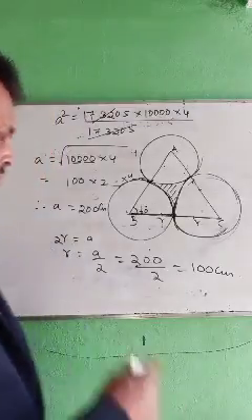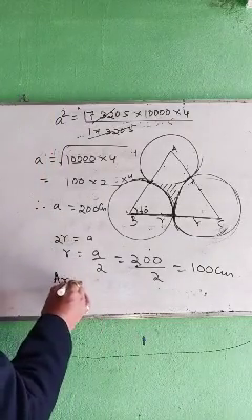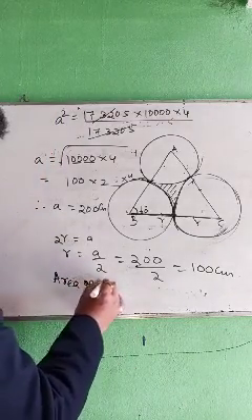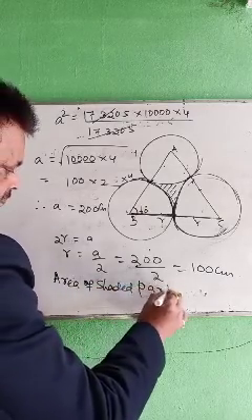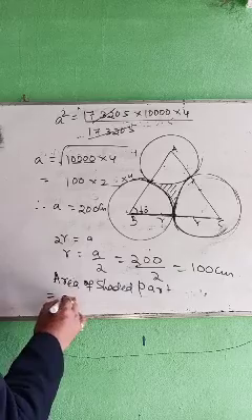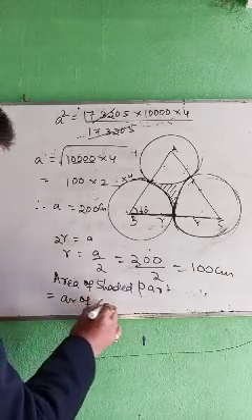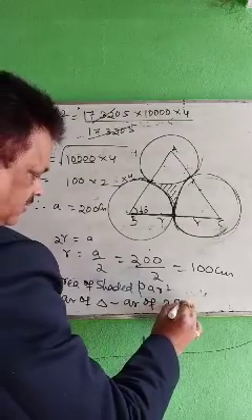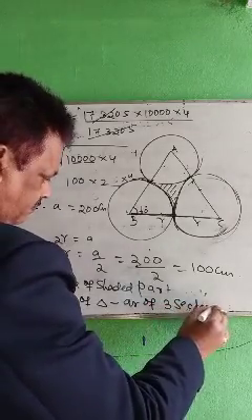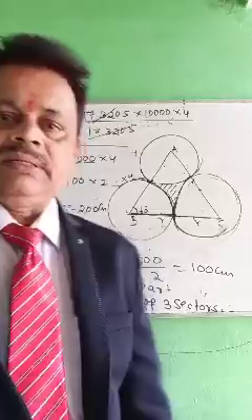The area of shaded part equals to area of triangle minus area of 3 sectors. Area of 3 sectors.